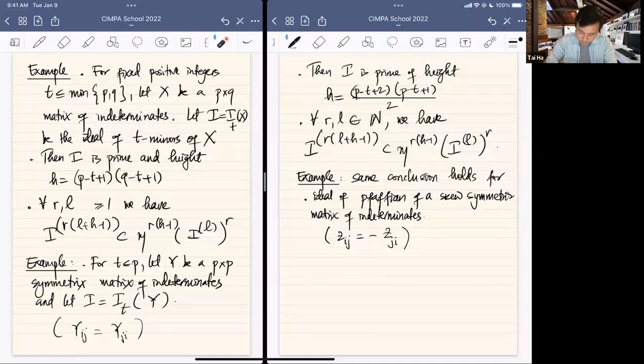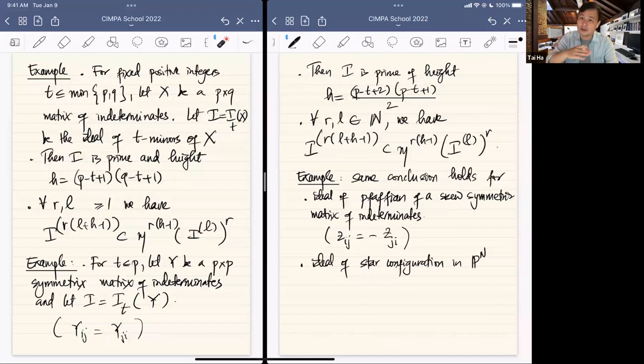It's also true for ideals of star configurations in P^n. Now, let me also say that for star configuration, the classical notion is just you take a bunch of hyperplanes that intersect each other nicely, and then you look at the intersection points of these hyperplanes. However, one can, instead of looking at hyperplanes, also look at hypersurfaces.